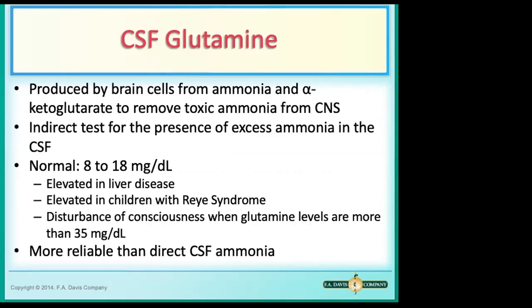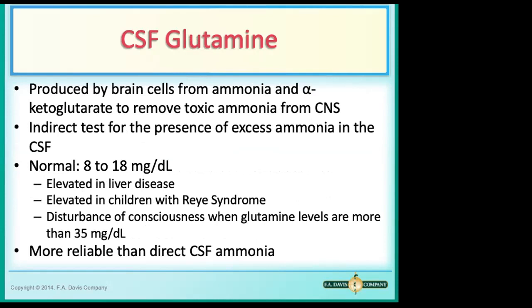And CSF glutamine is another chemistry test that we can do. Glutamine is produced from ammonia and alpha ketoglutarate by the brain cells. This helps to remove the toxic metabolic waste product ammonia from the central nervous system. Ammonia is very toxic for the brain.